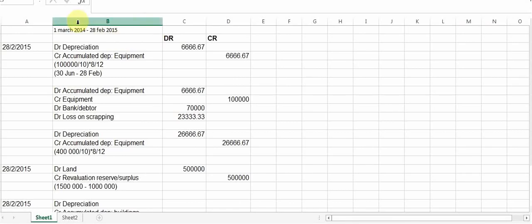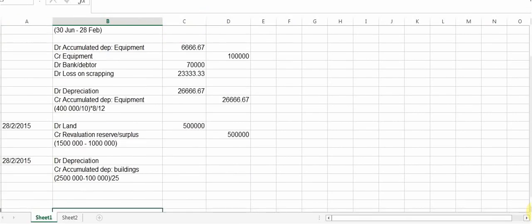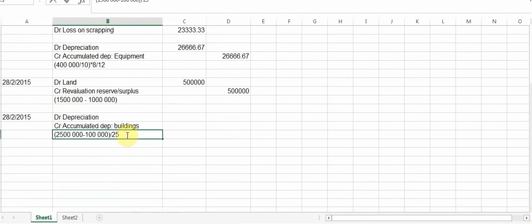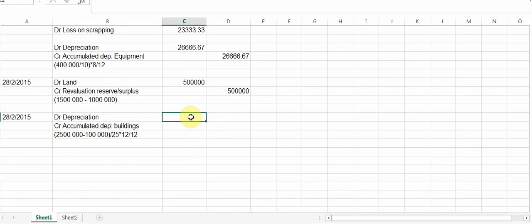So therefore, it was already with us at the beginning of the year, which means that we will depreciate it for a full year, which is 12 out of 12. When I perform that calculation, 2.4 million divided by 25 years, I get 96,000 depreciation to be measured.